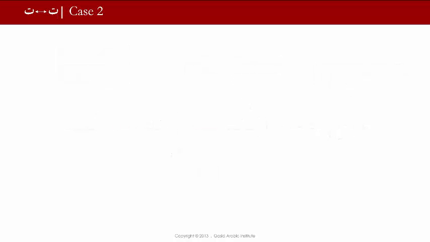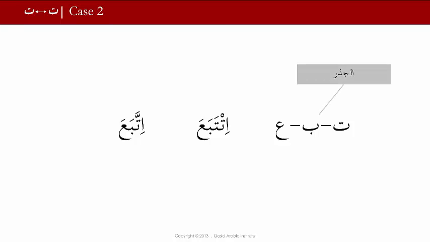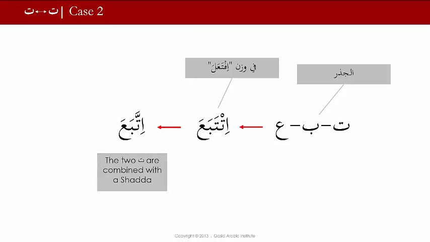Let's look at ta with ta. So here we have a root, a jadr, ta ba ayn, and this becomes ittaba'a on the pattern ifta'ala, and the two tas combine under a shadda, and we get ittaba'a.